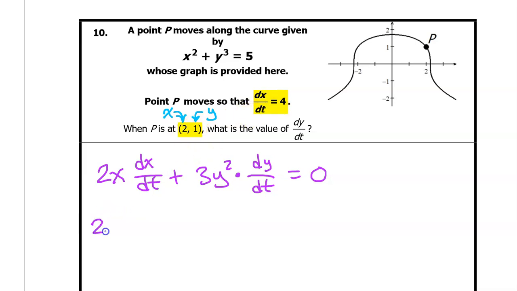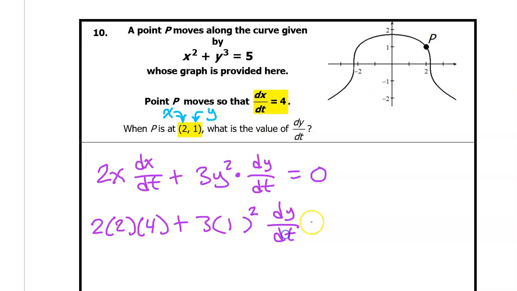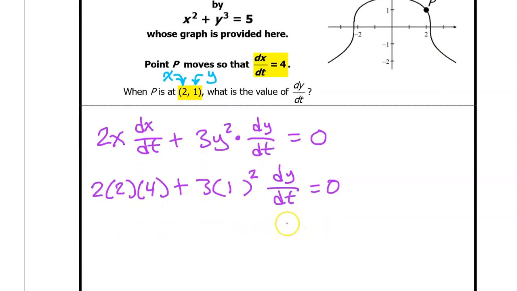So we will have 2 times 2, and then dx dt is 4, plus 3y squared, and y is 1, times dy dt equals 0. Remember, dy dt is what we are looking for. So 2 times 2 is 4, times 4 is 16.